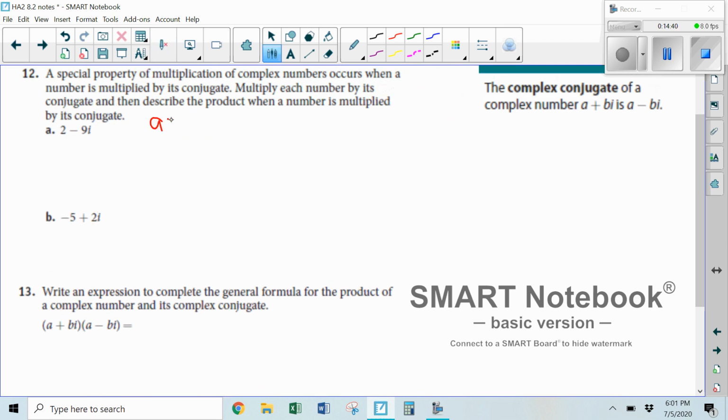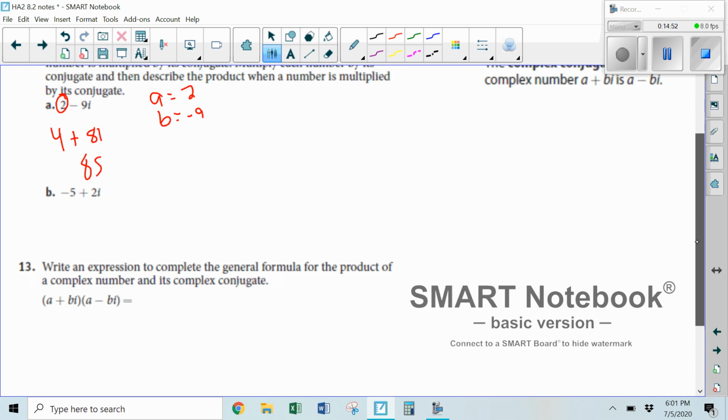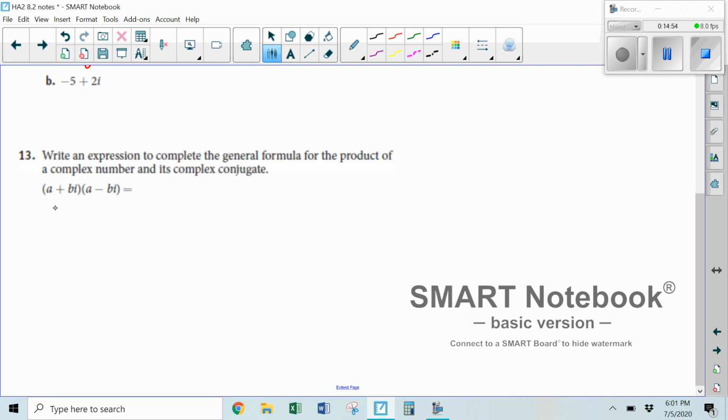If a is the 2 and b is the negative 9, a squared is 4 plus b squared is 81, which gives me 85. So again, like I said, tomorrow this is going to come in handy. If you have a number multiplied by its complex conjugate, it's always going to give you a squared plus b squared.